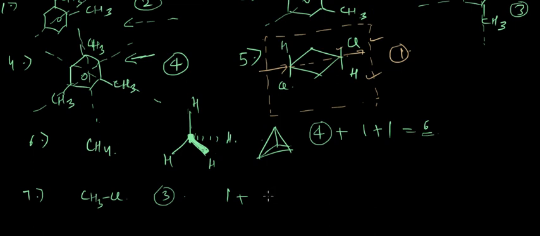So from the 3, 2 planes can be passing, which actually dissect. Suppose this was the structure. This is hydrogen, hydrogen, and hydrogen. So one plane can be passing from these 2 hydrogens, and another plane can be passing from these 2 hydrogens.